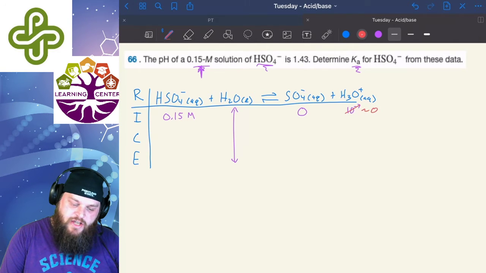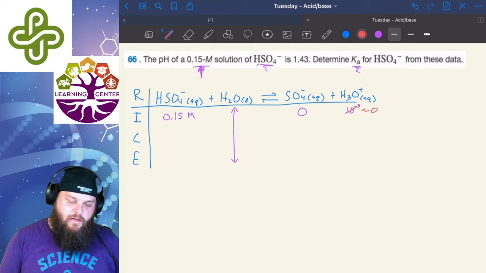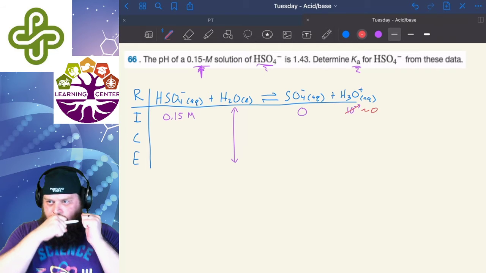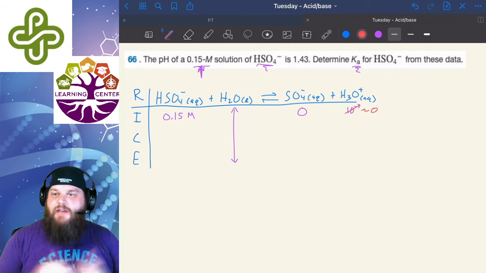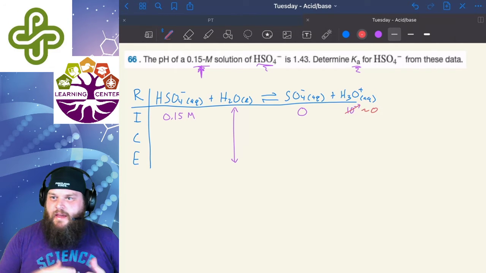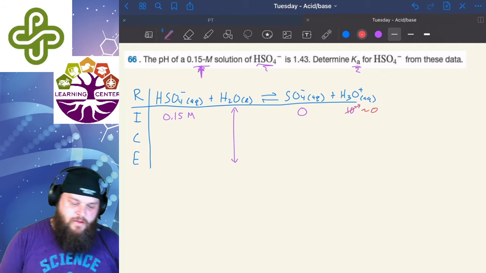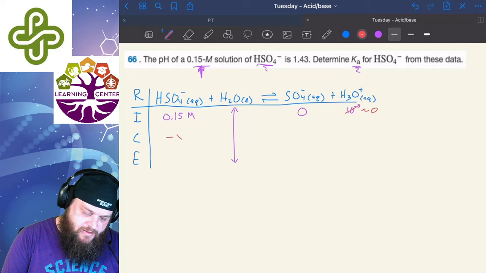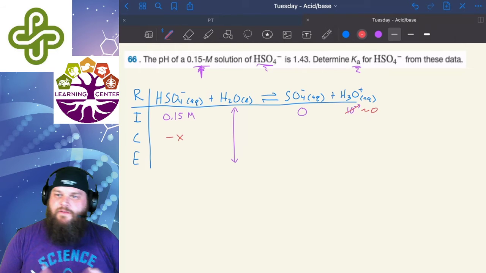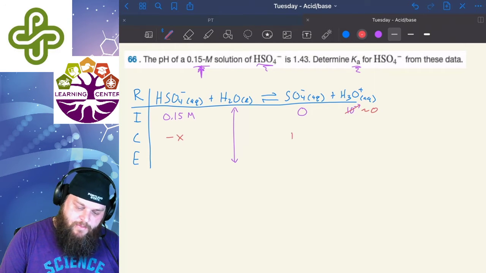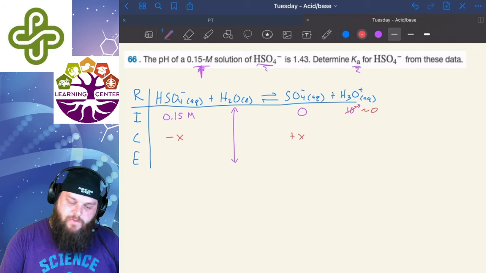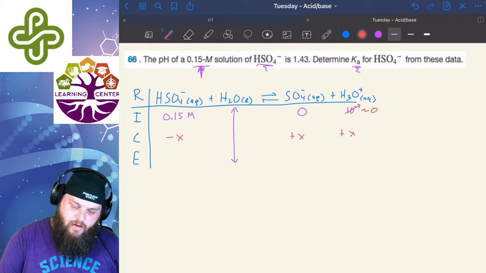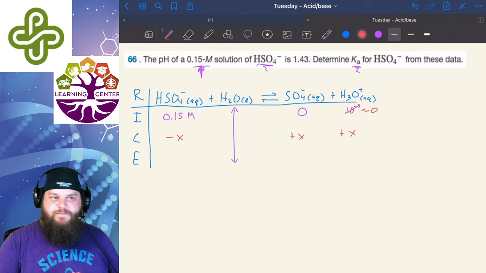So then we look at the change. The change that's happening here is some of those hydrogens on the HSO4 are leaving and bonding onto the water molecules to create hydronium. So some of this concentration is going to go down, some number of moles of that. And at the same time, we're increasing the concentration of SO4 by a 1-to-1 ratio, as well as increasing our hydronium by a 1-to-1 ratio.